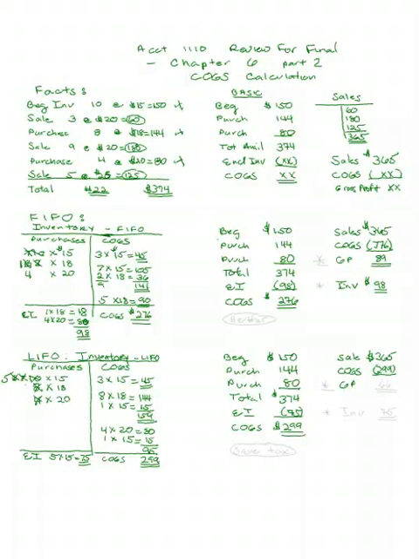Our gross profit on our income statement using LIFO is going to be $66. Less than using FIFO because we're costing out more expensive stuff. And on our balance sheet, inventory, the account balance, is going to end up being $75, shown both ways. So our current asset inventory is less.